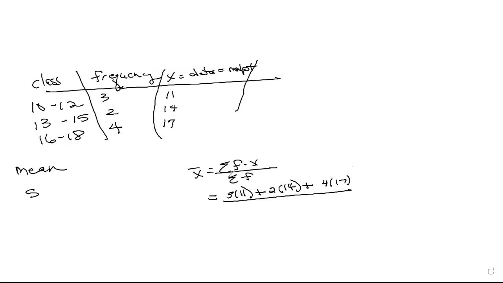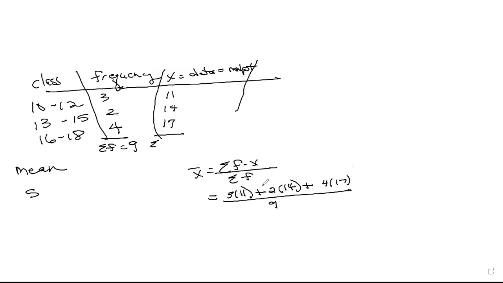Now, the way I know how many numbers must have been in the original list, I have to add these frequencies up. So there must have been like 9 numbers in the original list. Okay.